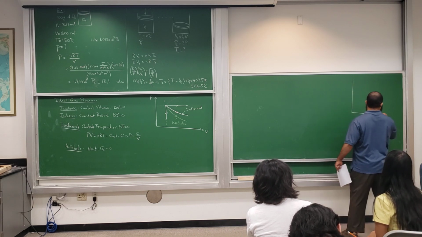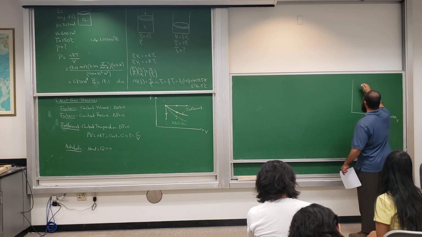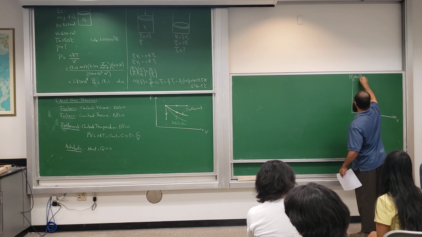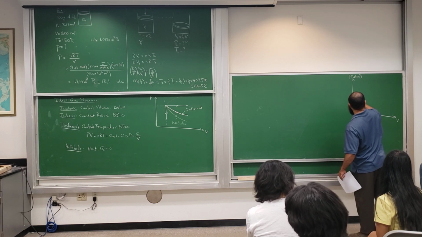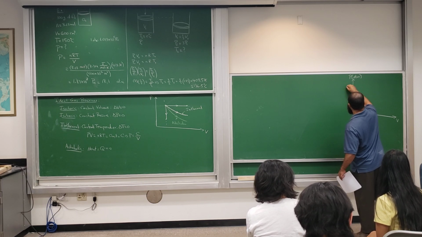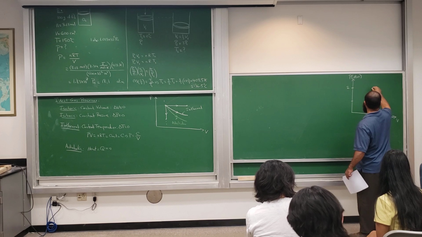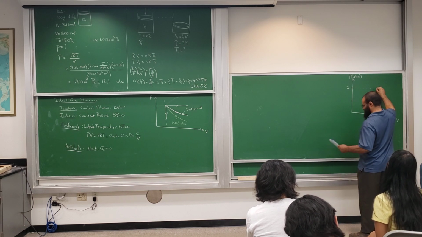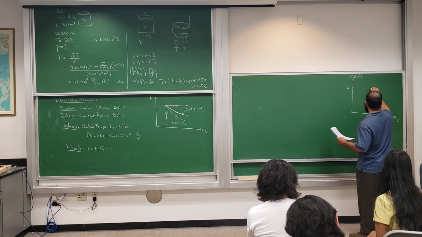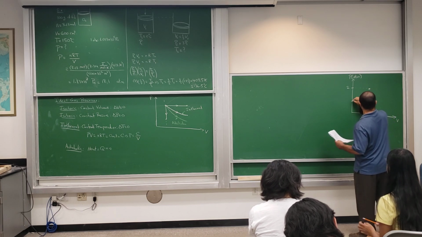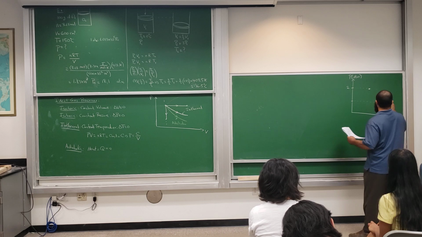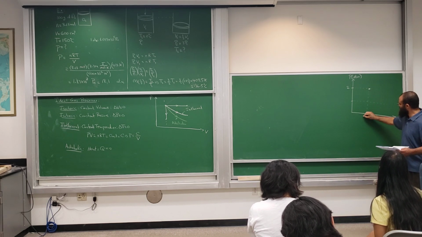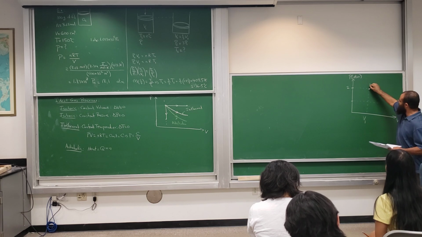So here is the volume, here is the pressure, and they have it in atmospheres. They say the initial pressure is 2 atmospheres. And this is the volume, V1, this is state 1.